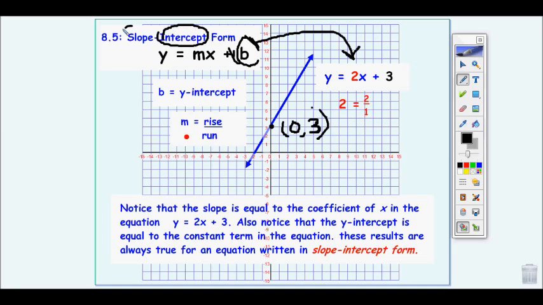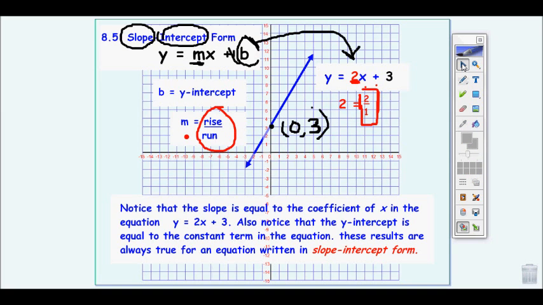The other term is the slope, and we worked on this in 8.4, the m in slope-intercept form. The m is the coefficient to x. So in this equation, the coefficient to x is 2. Remember, we write slopes in fraction form because they stand for rise over run.